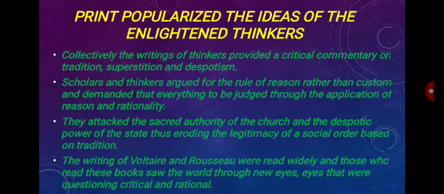Despotism means at that time the power of the state and the power of the church was uncontrollable. It was not regulated, it was not controlled by rules and regulations or the constitution.